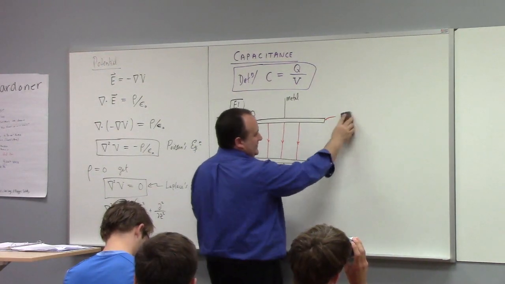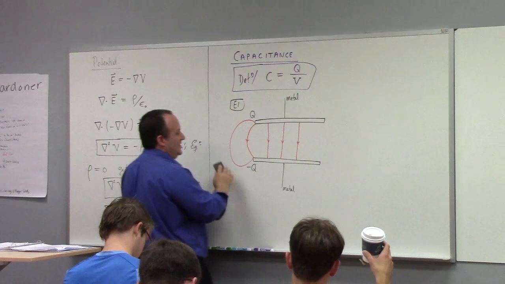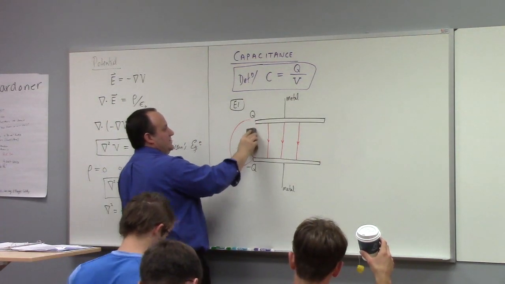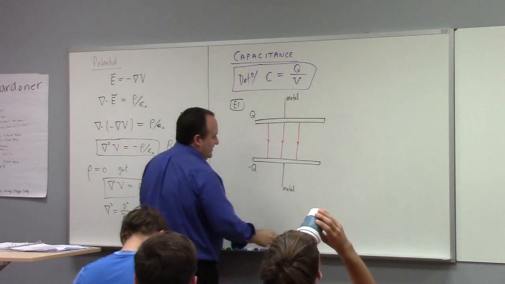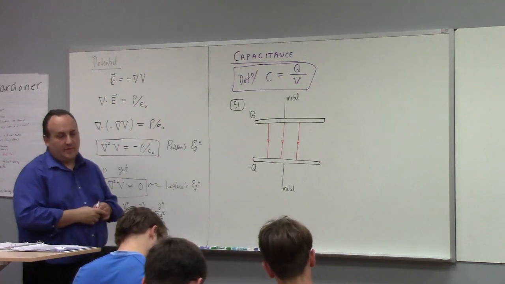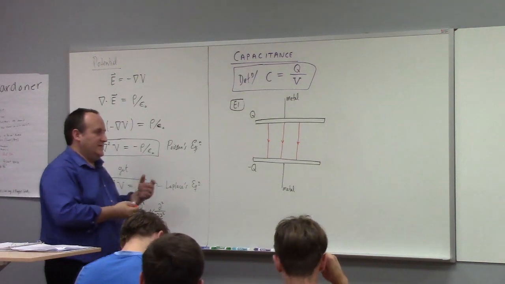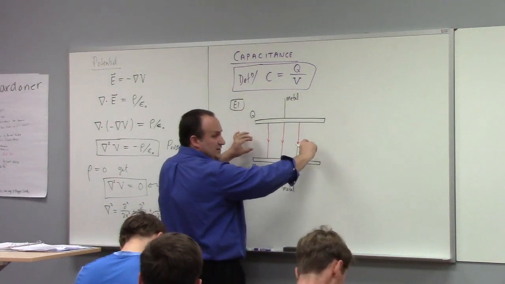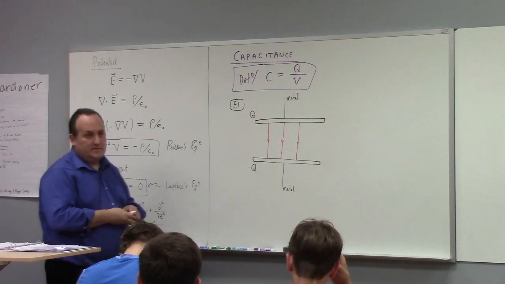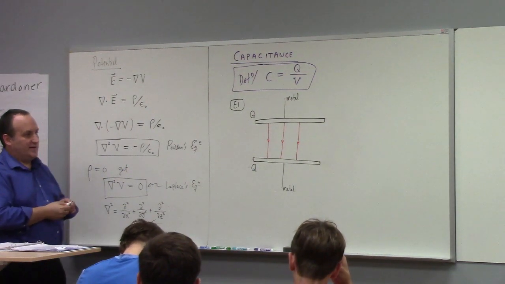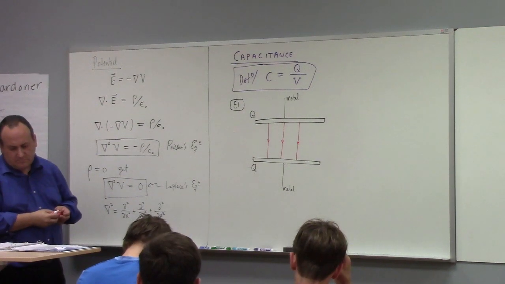So, ignoring these edge effects, which I'm trying to do, but failing. All right, so there, I have erased all of the edge effects. In other words, think about the limit that these plates are really close together. So what happens out here is irrelevant for the most part.